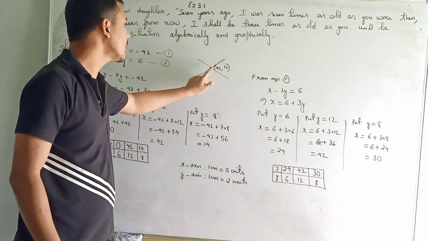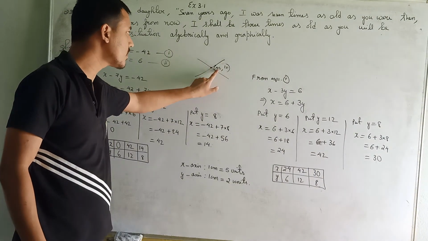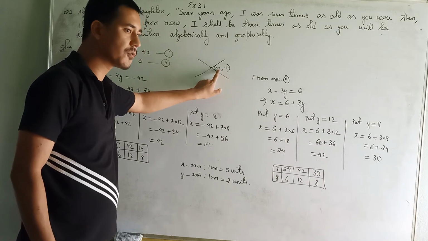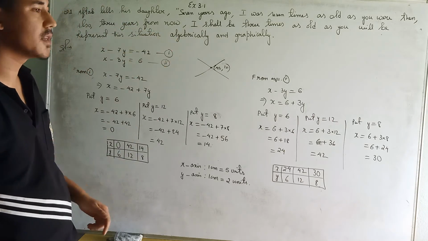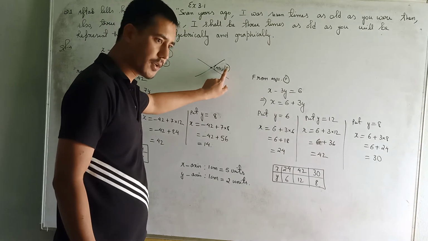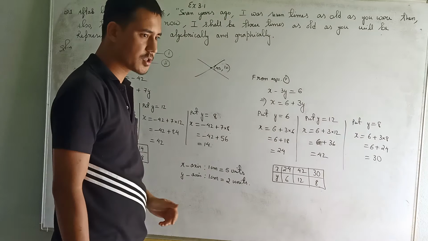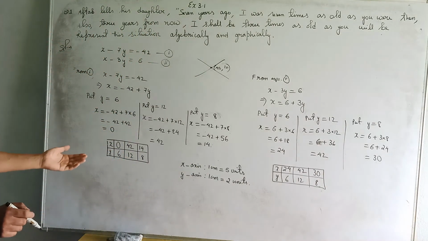So the lines will be intersecting at the coordinate 42 and 12. The x coordinate is 42, and x represents Aftab's age, so Aftab's present age will be 42. And the y coordinate is 12 here. y represents Aftab's daughter's age, so his daughter's age will be 12 years. Alright? Can you draw the graph now? Okay.